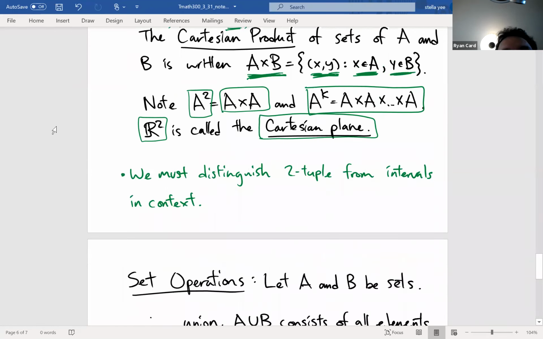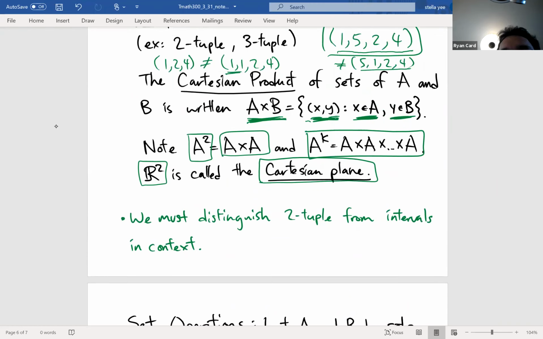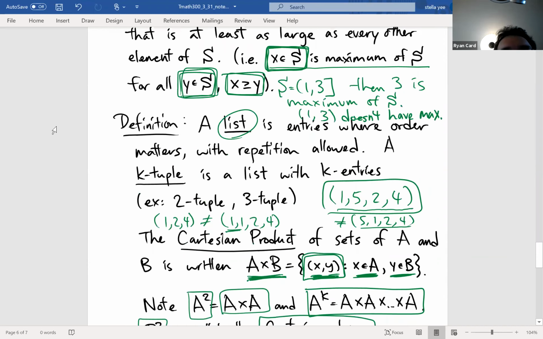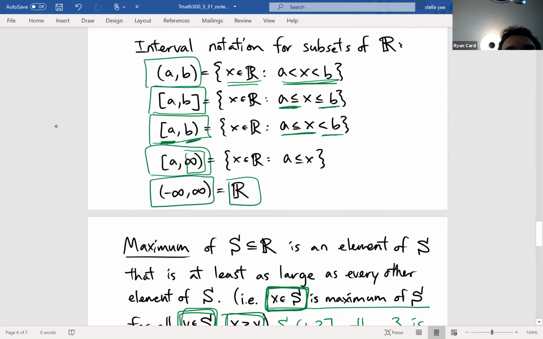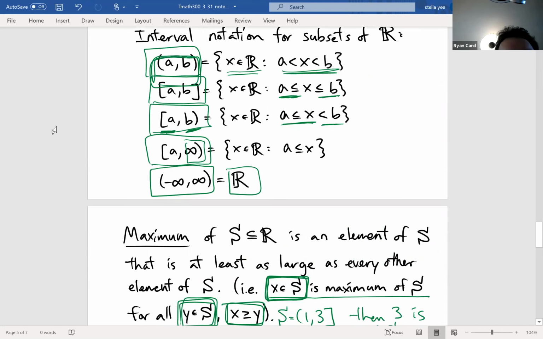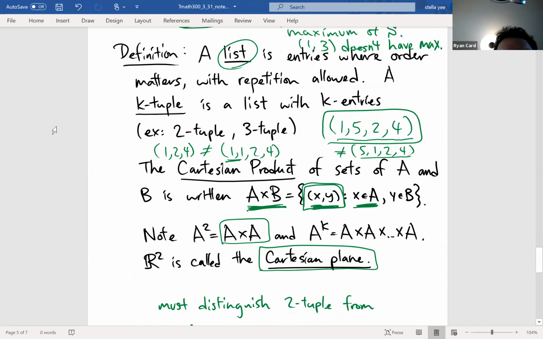Notice the notation for an ordered pair or 2-tuple is exactly the same as intervals where the left and right endpoints are not included. So this is kind of unfortunate.